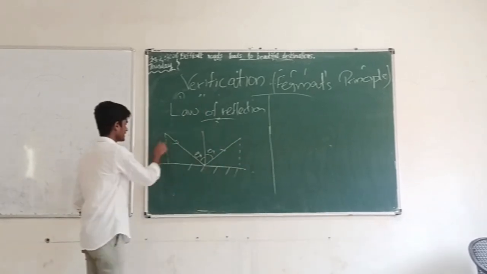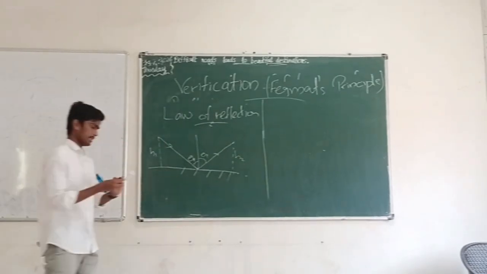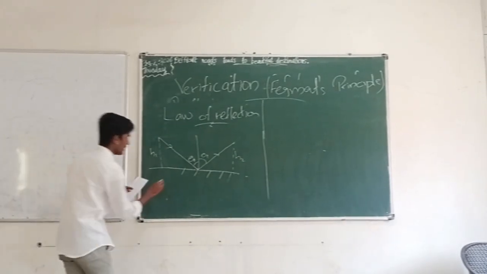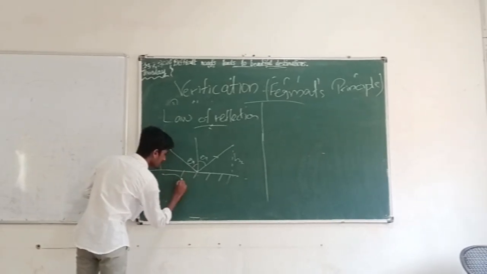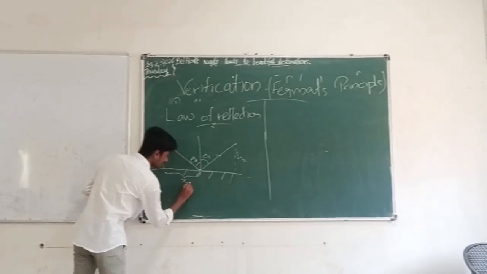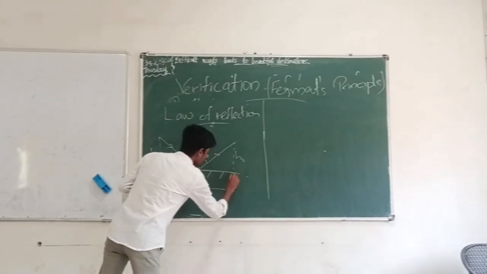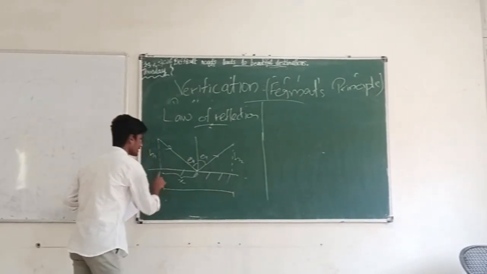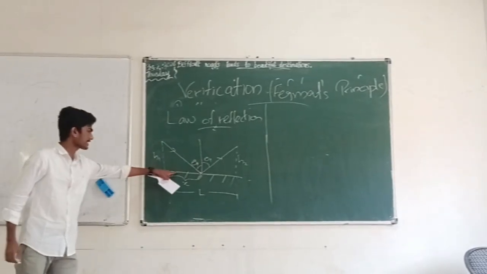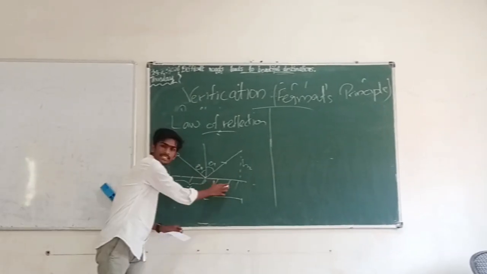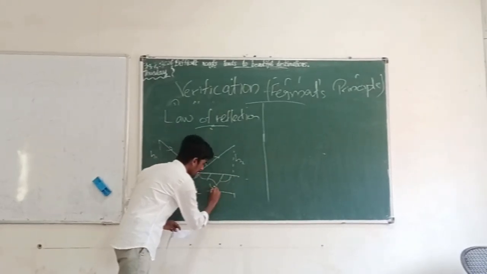I am taking this height as h1 and this height as h2. This length I am taking as x, and this total length I am taking as L. This is x and this is L, so this length is L minus x.